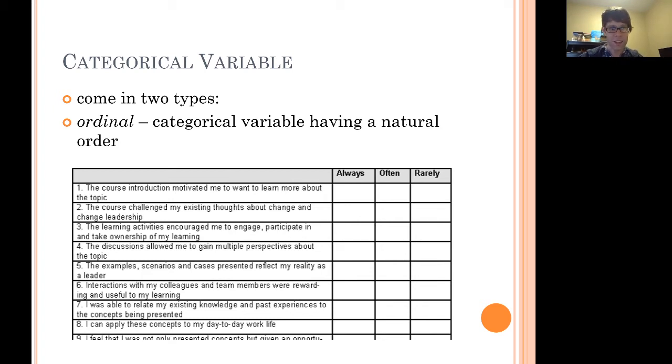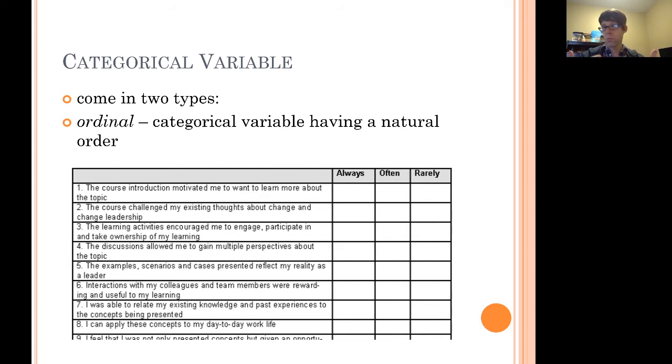This looks like maybe an end of semester questionnaire to describe how much you loved this course. You'll notice those end of semester questionnaires have little titles over here on the side, like always, often, and rarely. So what we're doing is collecting the number of students that select always for question 1, the number of students that select often, and the number of students that select rarely.